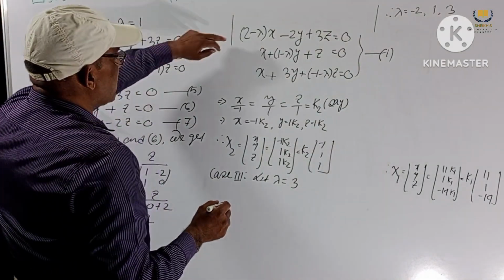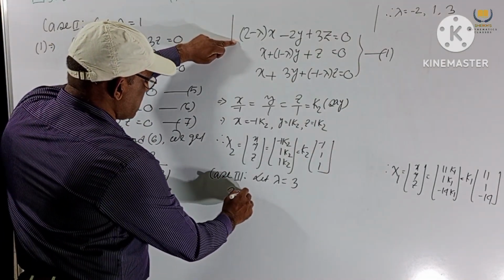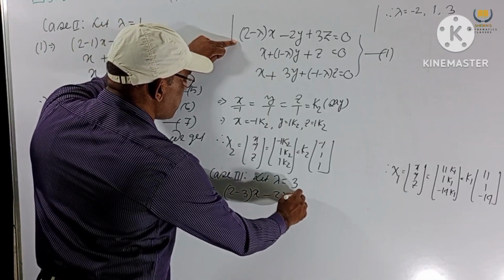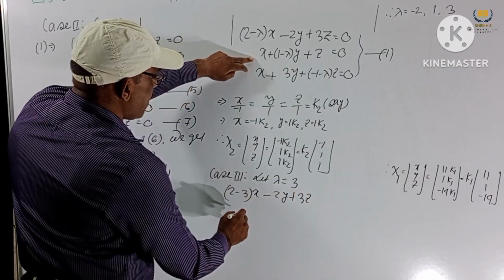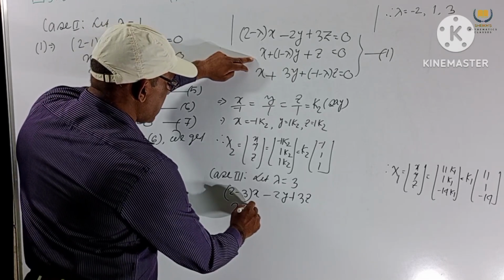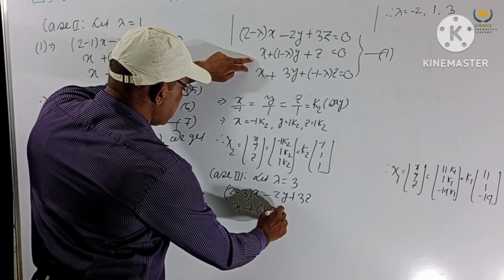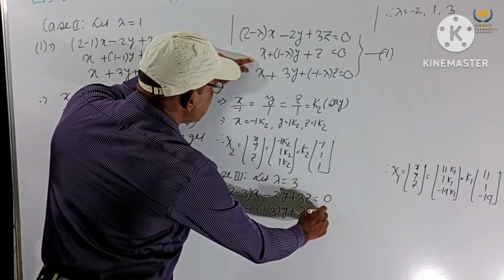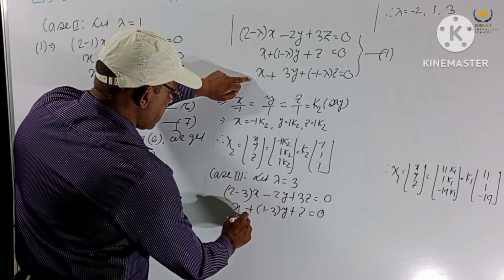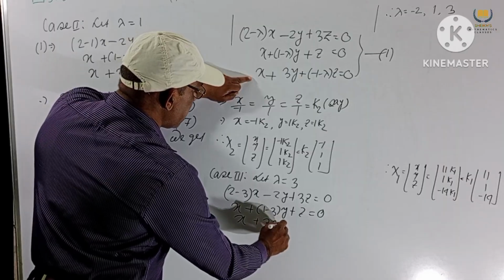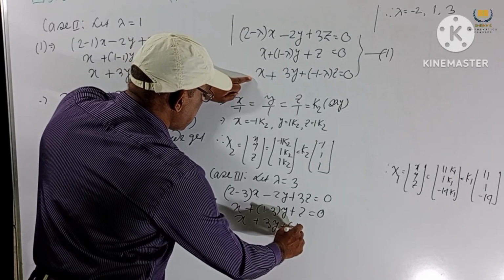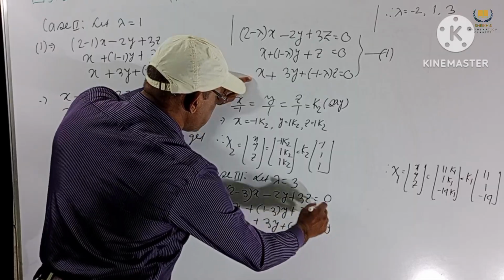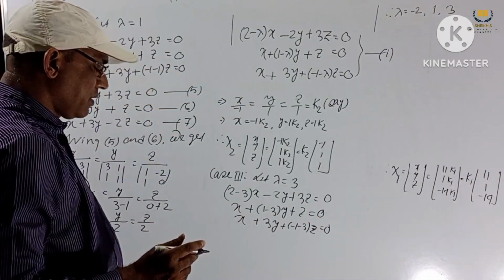So putting 3 here, then (2 minus 3)x minus 2y plus 3z, x plus (1 minus 3)y plus z equal to 0, x plus 3y plus (minus 1 minus 3)z equal to 0.